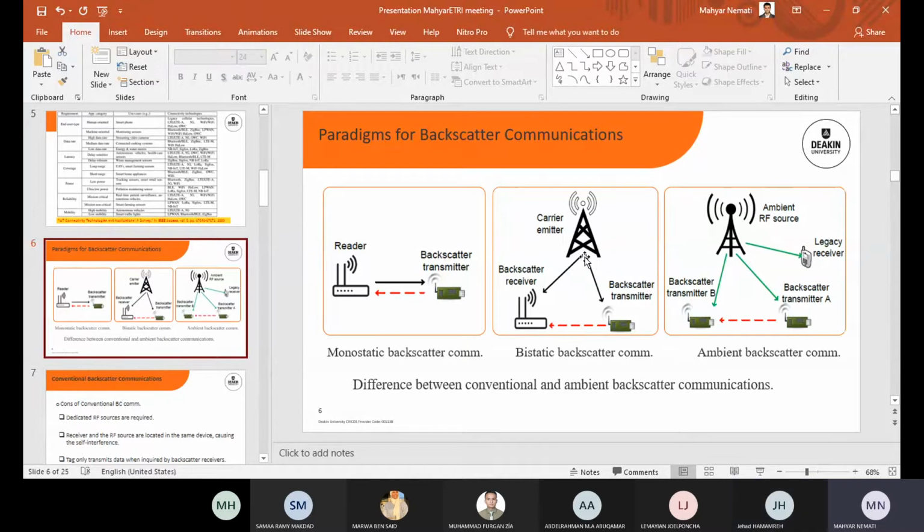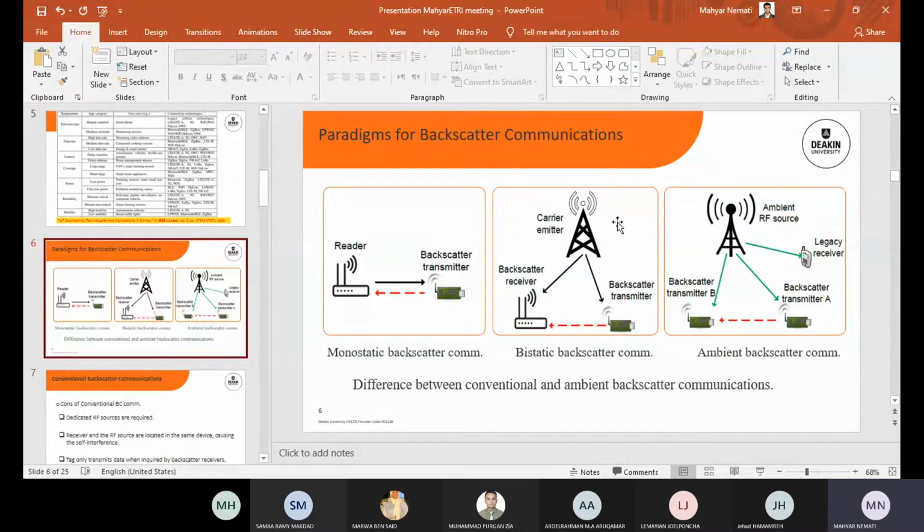But there is a problem here: for example, self-interference, which can be caused because the transmitter and receiver are placed in the same device. To remove it and enhance the quality of the signal at the receiver, there is another paradigm called bistatic backscatter communication. In that case, they separated the emitter.